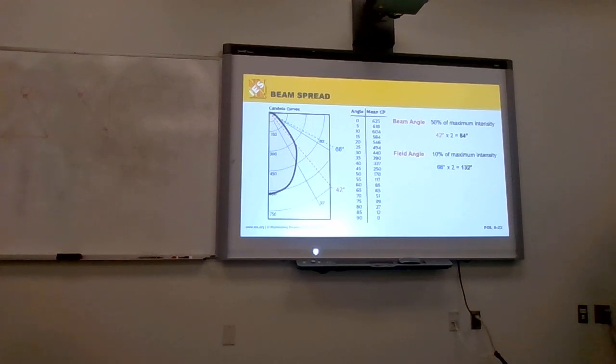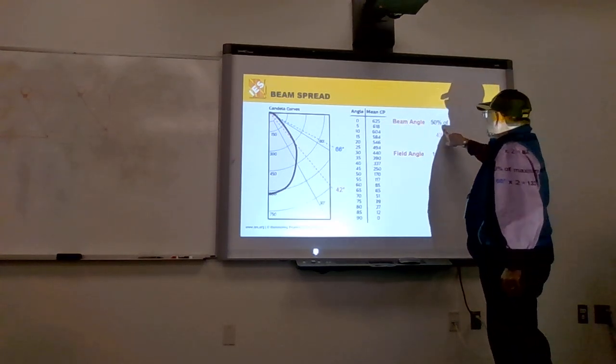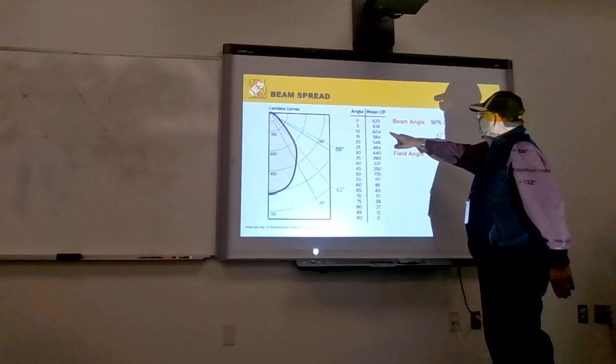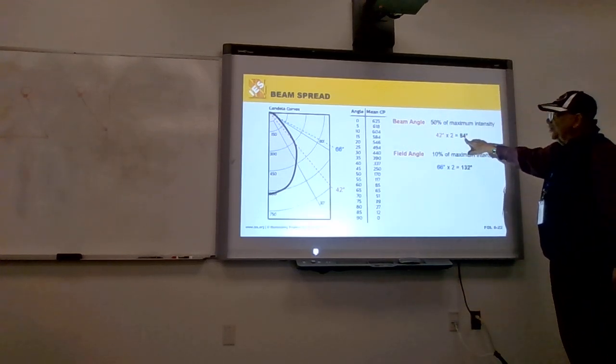So it's very nice that they supply us with all of these numbers, but basically beam angle, 50% of maximum intensity, and maximum intensity in this case is 625, which is right at the top of the chart. Sorry, I missed that. Beam angle, 50% of 625 or 42 times 2 is equal to 84 degrees.